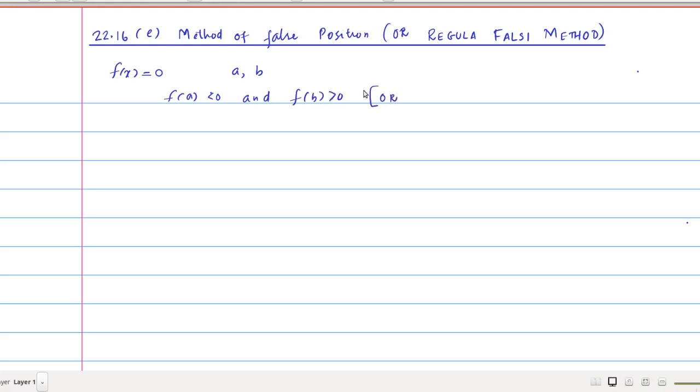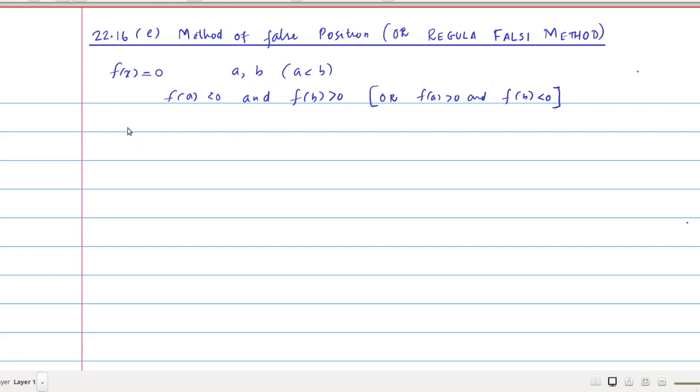Or you can find a and b such that f of a is greater than 0 and f of b less than 0. Opposite sign again. That's the only thing we need. Here the smallest number is denoted as a and largest as b, that is a is less than b, with one of these properties. Finding consecutive integers a and b with opposite signs is the first step.